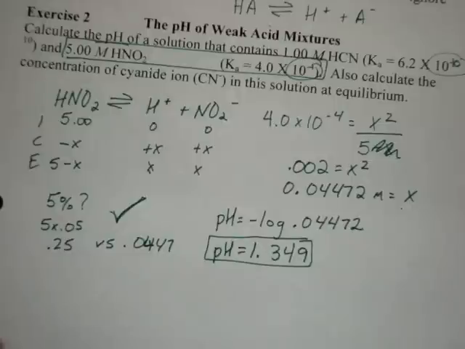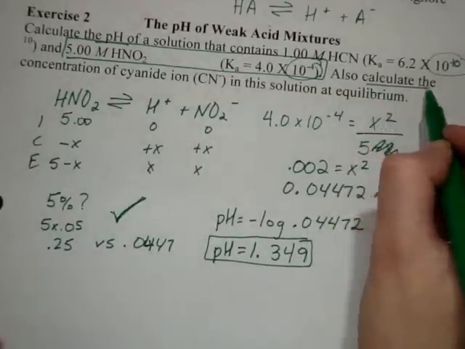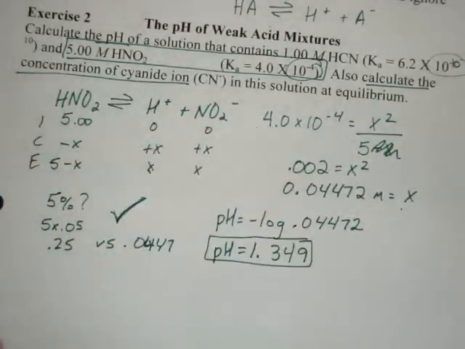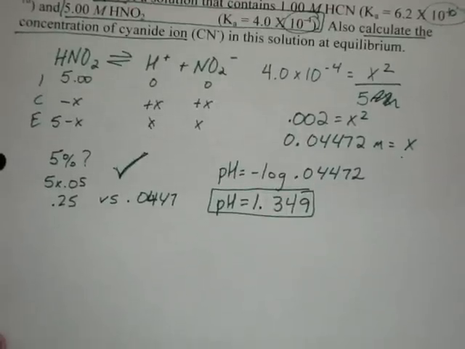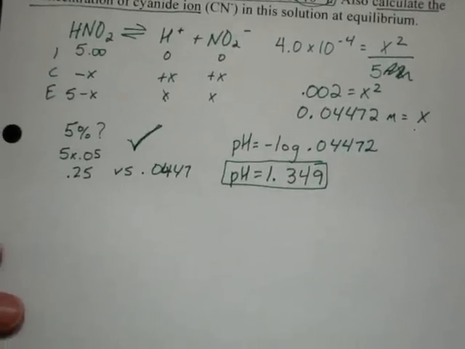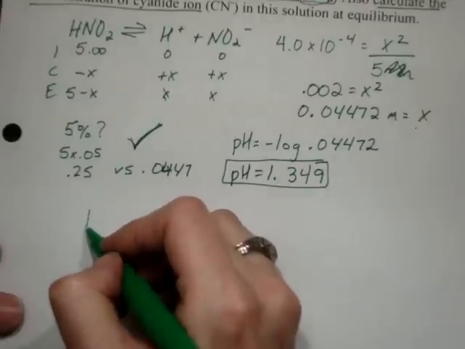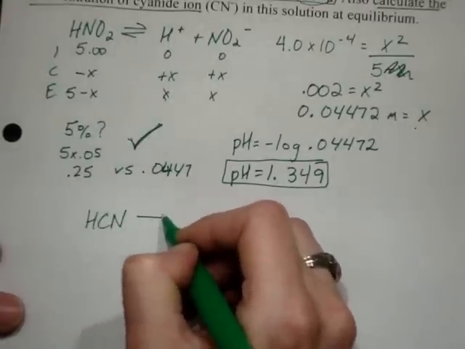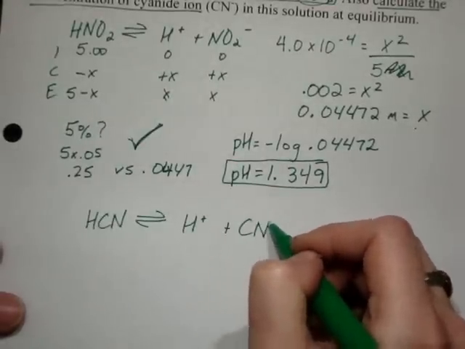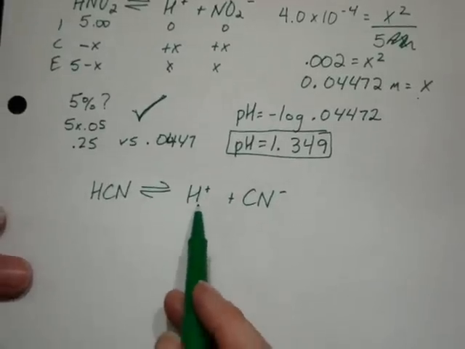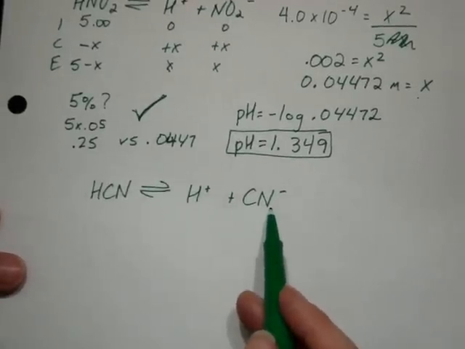The other part that this asks me is calculate the concentration of the cyanide ion. That is part of the other equilibrium happening at this time. So what happens here is I need a new equilibrium expression and equation. So the HCN yields the H plus and the CN minus.